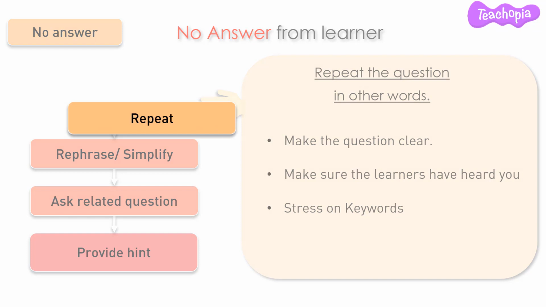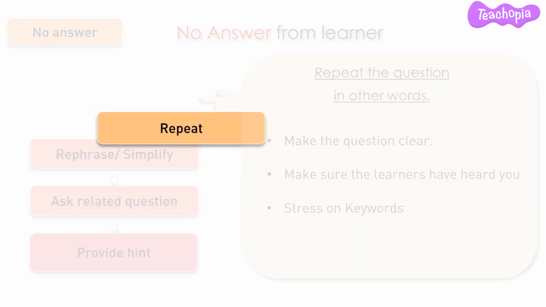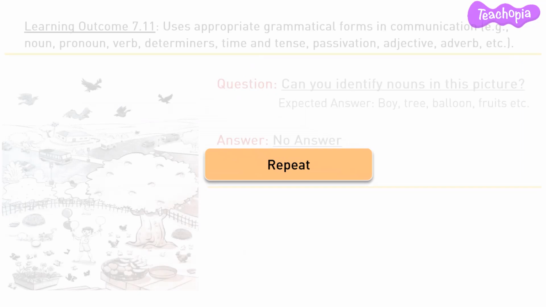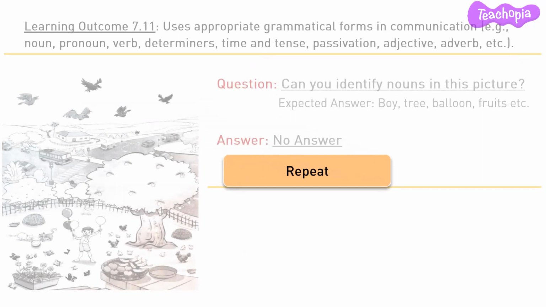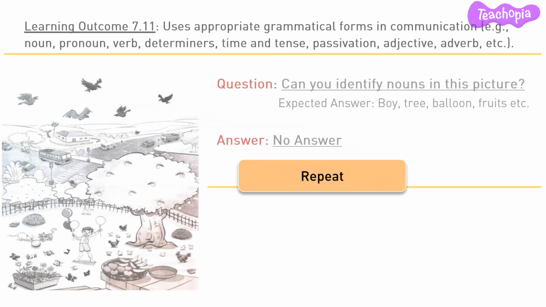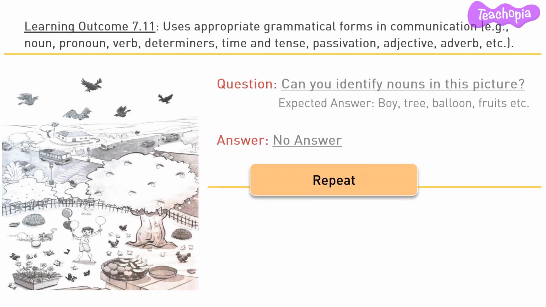So let's look at this with an example from Learning Outcome 7.11. The Learning Outcome 7.11 says, uses appropriate grammatical forms in communication. For example, noun, pronoun, verb, determiners, time, and so on.